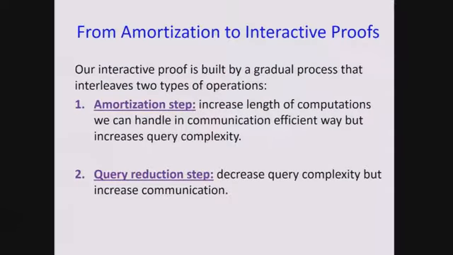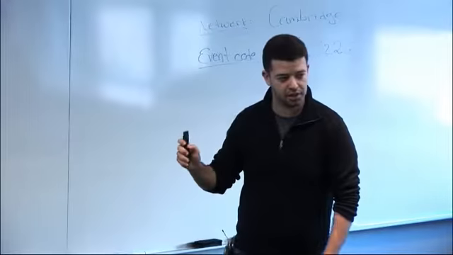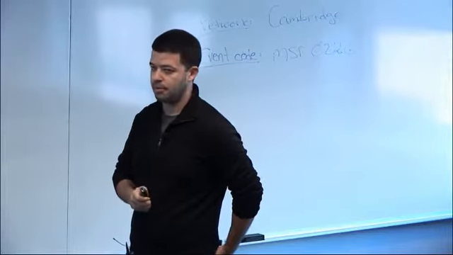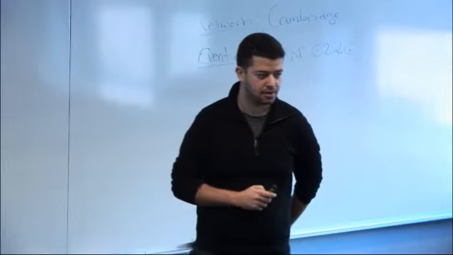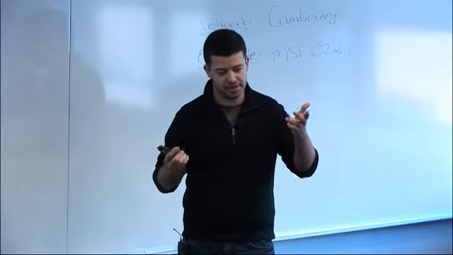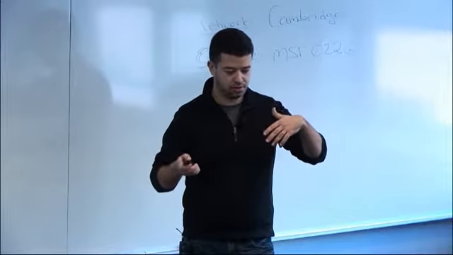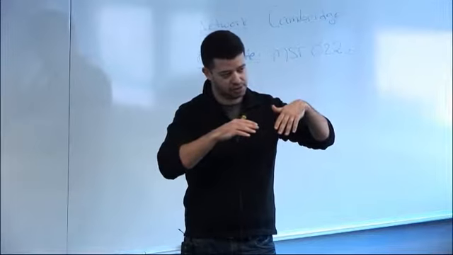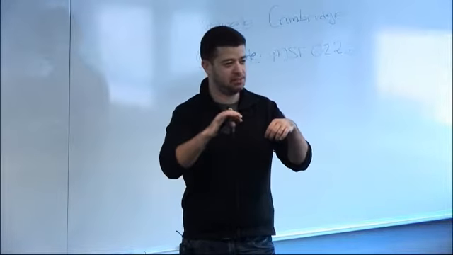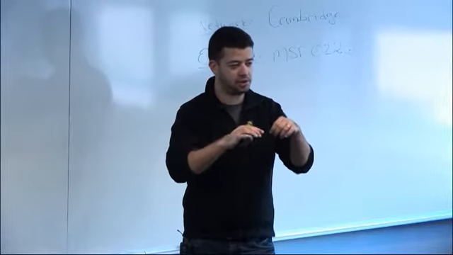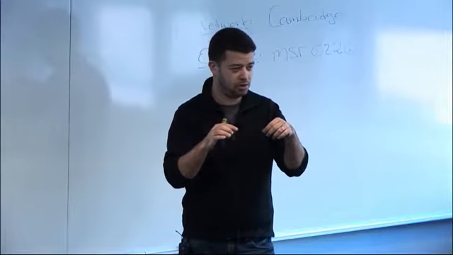Is there one word you can say about the idea of the PCP that you use for this? Right, so the basic idea is to add another message at the end where you send a PCP of, let's say for now, the entire transcript.